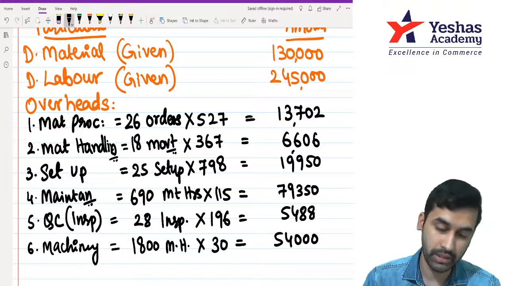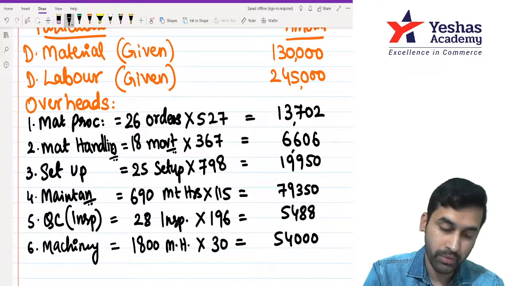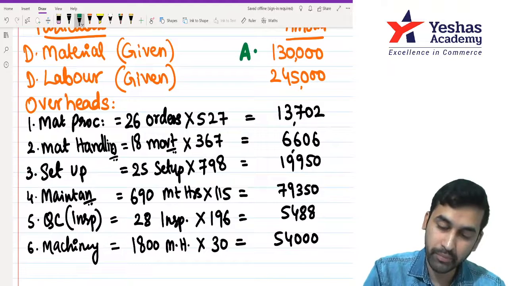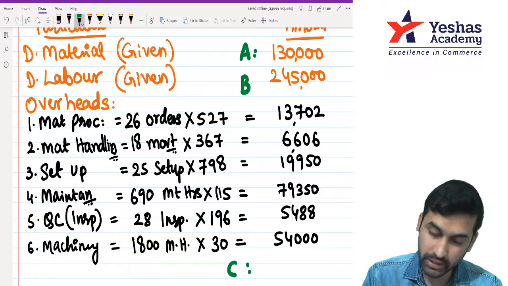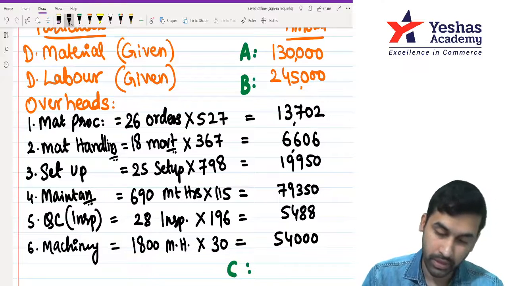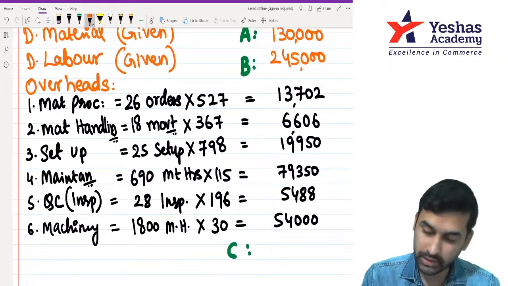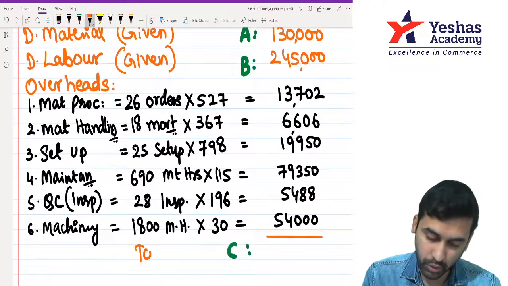Yes. Now what you can do, mark this as A and this as B, and here this as C. Okay, basically C will be the total overheads.